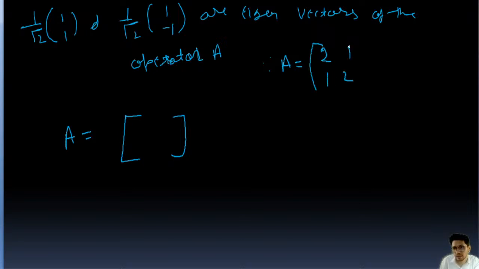In the basis spanned by these eigenvectors, the matrix representation of A is going to be a diagonal matrix, consisting of the eigenvalues of this A on the main diagonal.